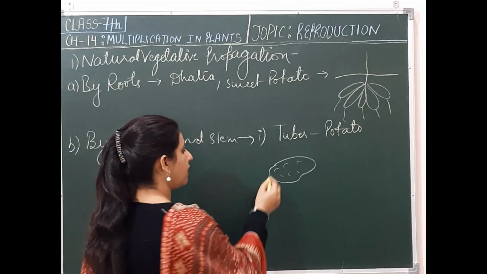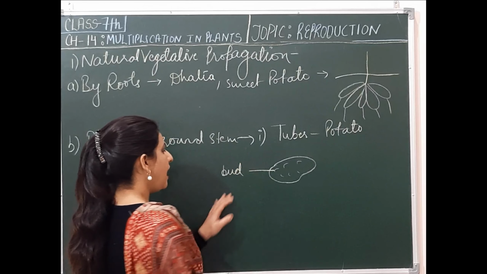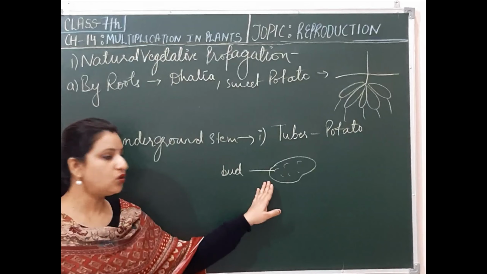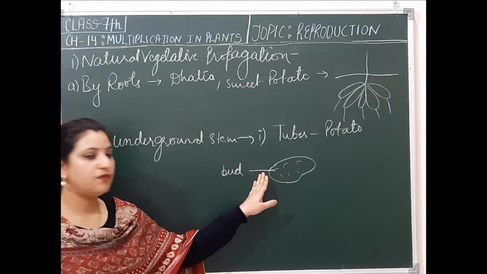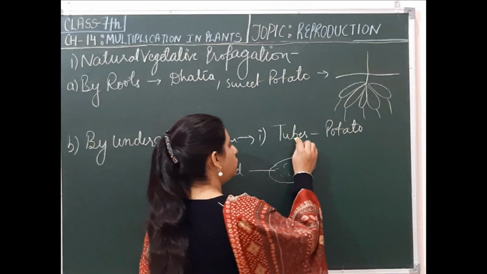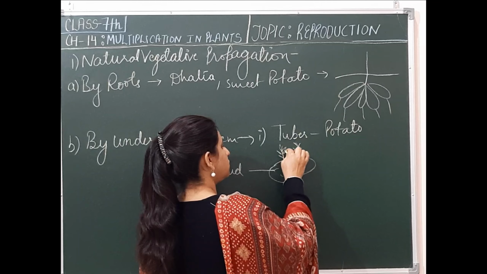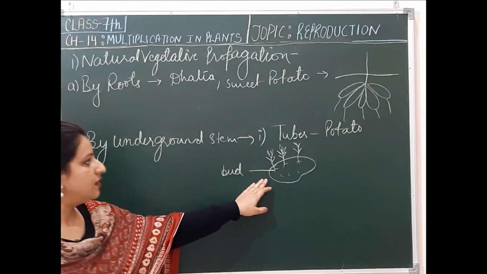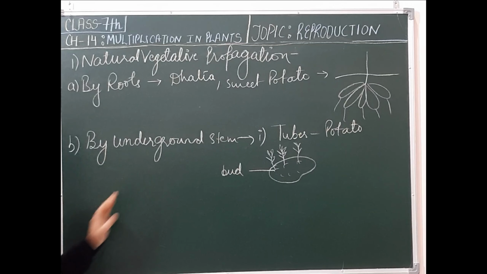Actually these are not scars, but these are the eyes, which are called buds, and after some time when the potato is left unused, this bud will lead to formation of a new shoot on it. These germinating shoots start growing on it, and for this, potato is under the category of underground stem.